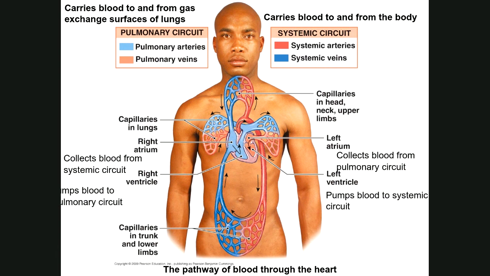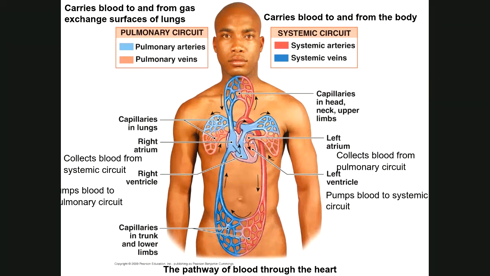We will come back to this later on, but all you have to know here is that there are four chambers of the heart: two atriums, right and left, and a right ventricle and a left ventricle.